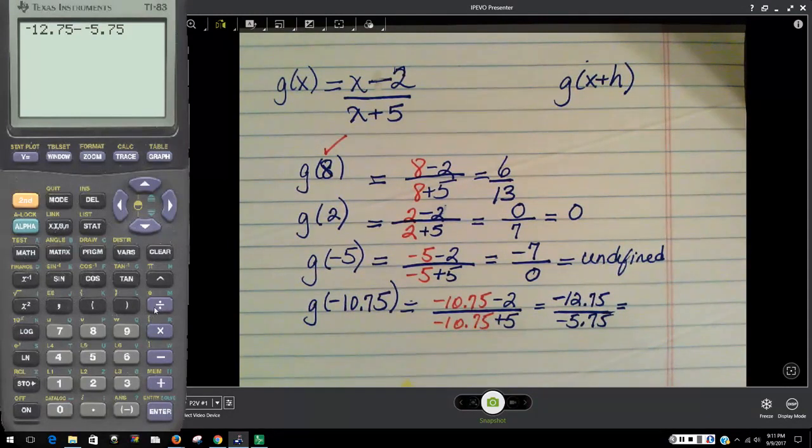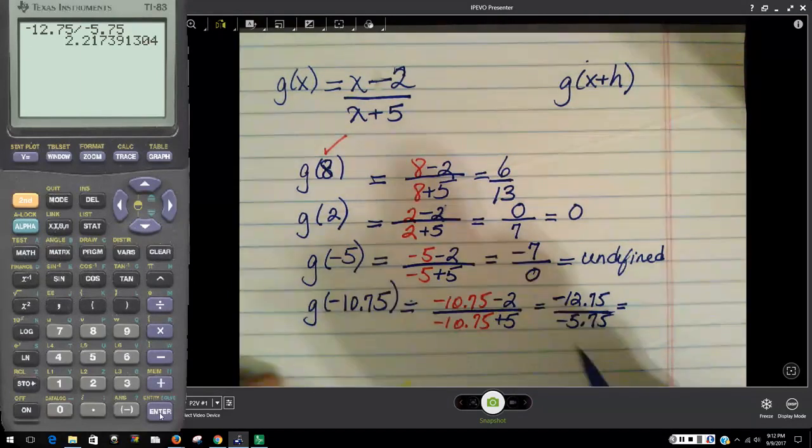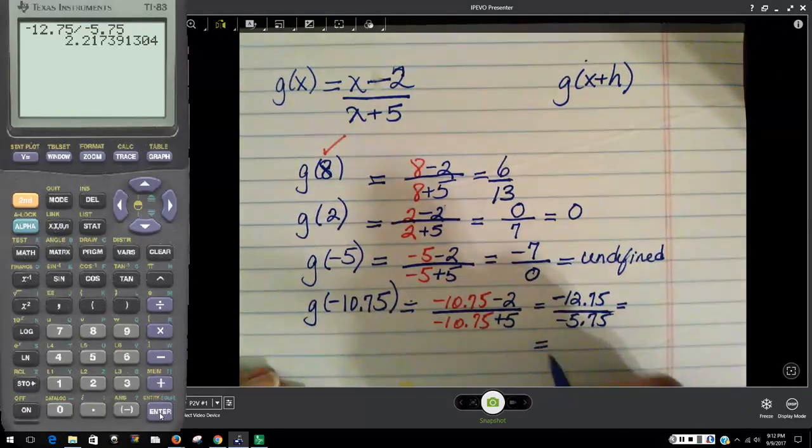That's supposed to be a division sign, not a subtraction sign. And when we hit enter, we see that we get a non-repeating number. So what that means is that we have a decimal number for the answer, or we have the plain raw fraction, one or the other.